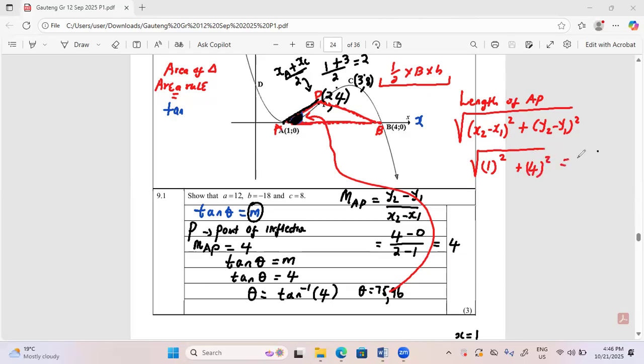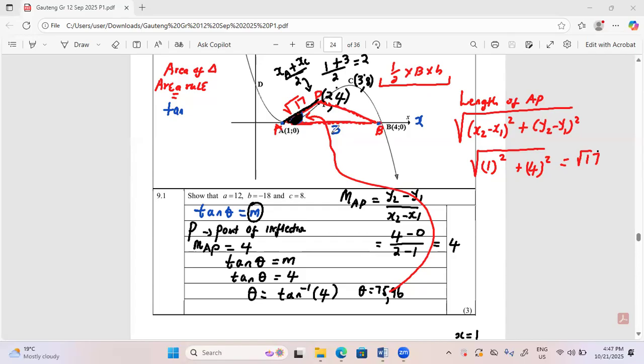So the answer is square root of 17. The distance of AP is square root of 17. Now the distance from A to B, remember AB is a horizontal line. There's no need to use the distance formula. You just have to ask yourself, what is the distance from 1 to 4? We need 3 units to move from 1 to 4. So the length of AB is 3.